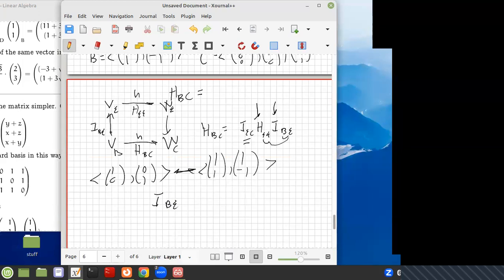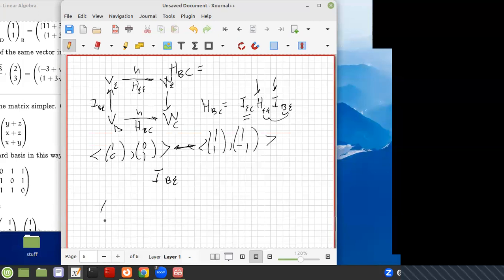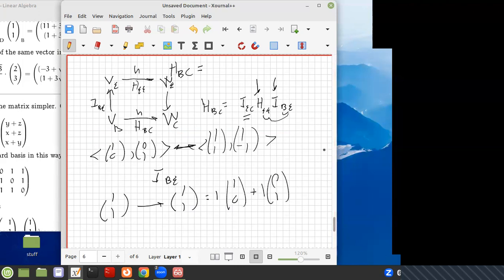We can treat that as the inverse, or we can just ask what is the image of (1, 1), which goes to the same vector (1, 1), which equals 1 times (1, 0) plus 1 times (0, 1). So it equals (1, 1) in this basis. This is already in the standard basis, because we've been given (1, 1) in the standard basis. So it is (1, 1).